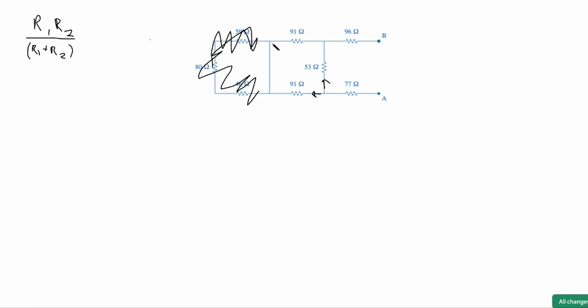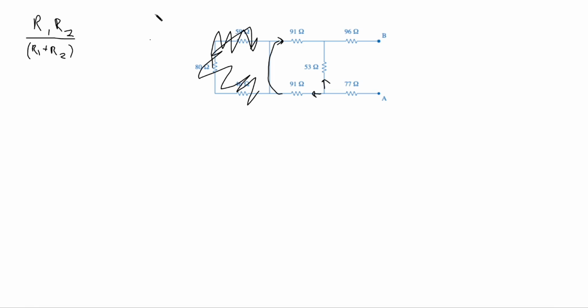It's going to go around, and it's going to go back through this other 91 ohm resistor. Now, essentially, these resistors are essentially one resistor, both 91 ohm ones, and since they're both basically one resistor, they run essentially parallel to this 53 ohm resistor.